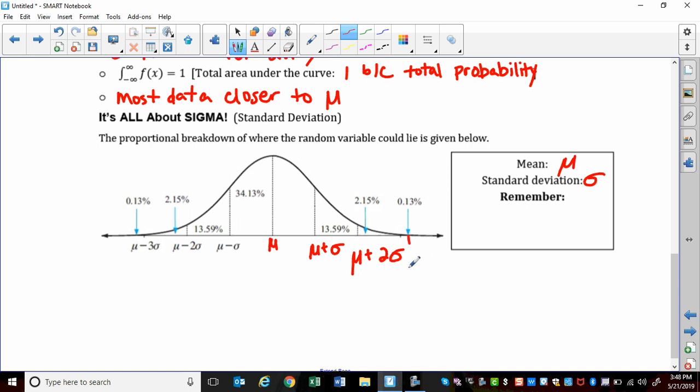And then this one is our mean plus 3 standard deviations. The empirical rule is 68% is in between the first standard deviation to the right and to the left of the mean, 68, and then we have 95%, and then 99.7%. This is called the empirical rule.